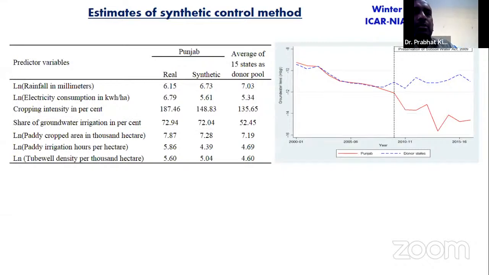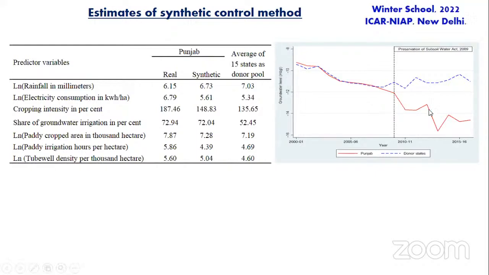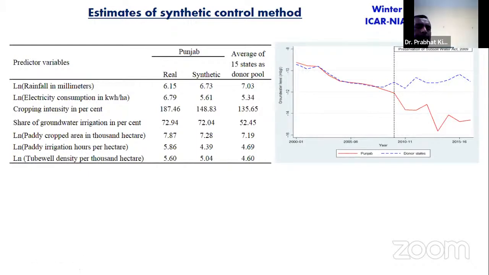That will be better. So here, post and pre ratio: what I am saying is that after the intervention, we estimate the root mean prediction error, and before the intervention, the root mean prediction error, and we take the ratio of those. What I am trying to say is that after the treatment, if you see this gap widening, this is the wide gap, while for the other states it may be much lower.